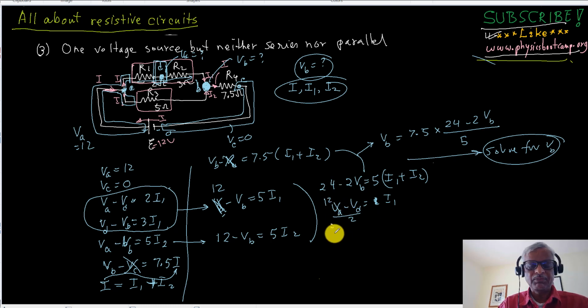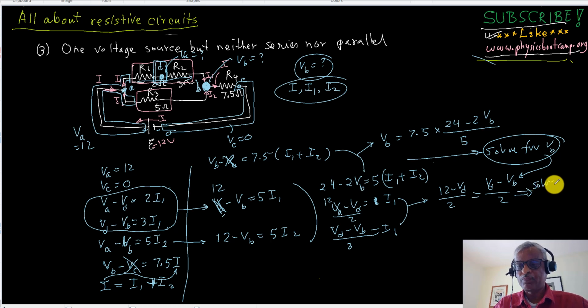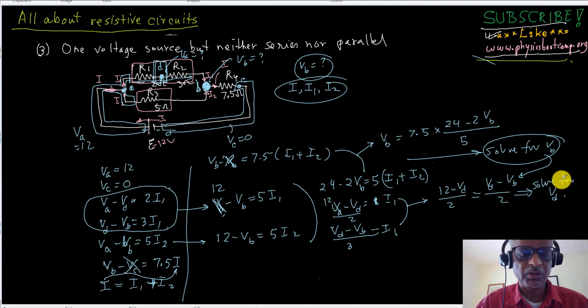And then you have VD minus VB over 3 equals I1, and so if I combine, this will be 12 minus VD over 2 equals VD minus VB over 3, and I already got VB. I put it in there and solve for VD.